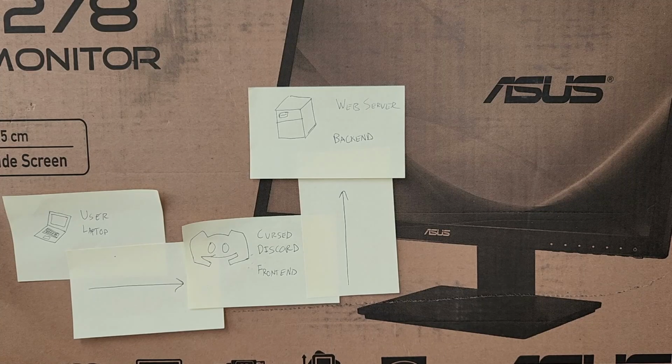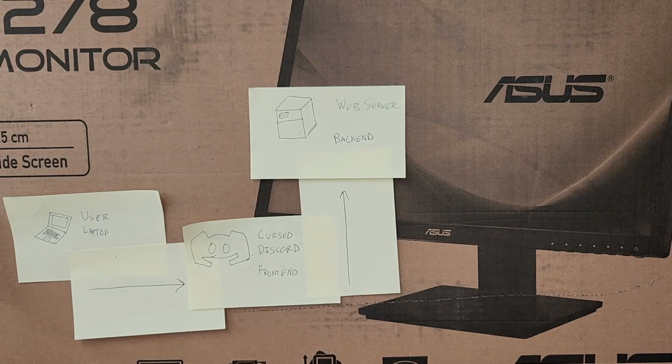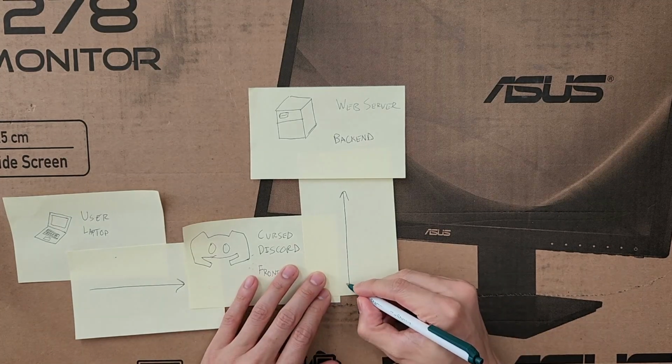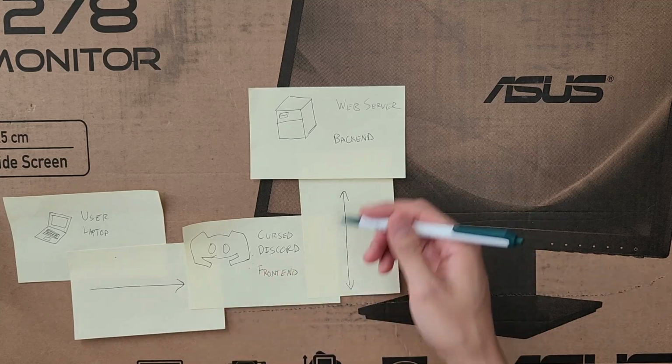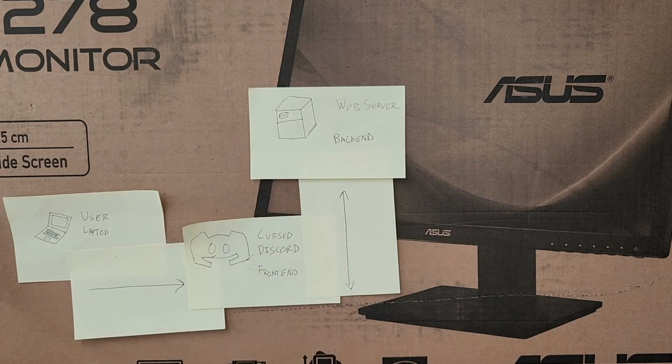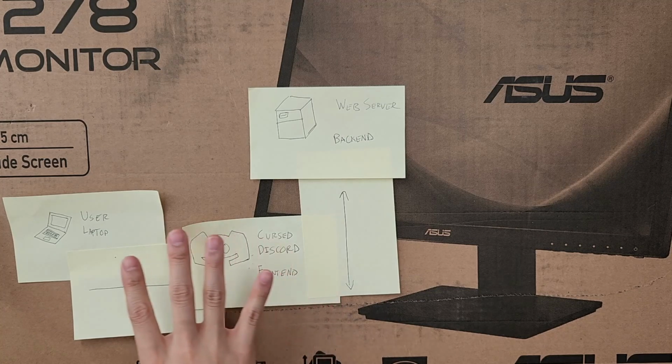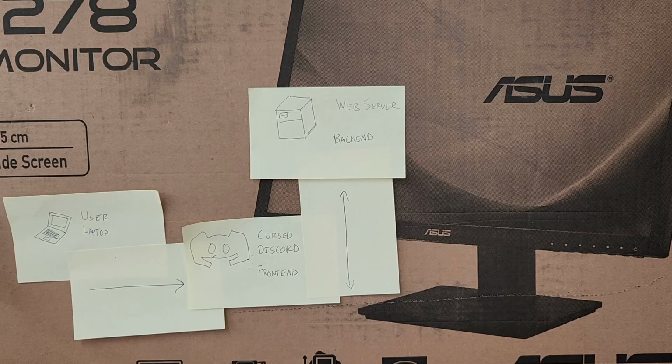So let me type that back, because this is a bidirectional communication. This is technically one too, but we'll leave that. So this is the main interaction of how things work.